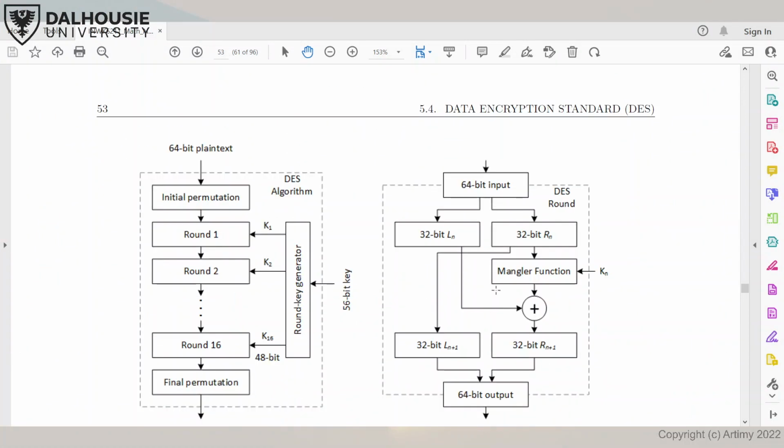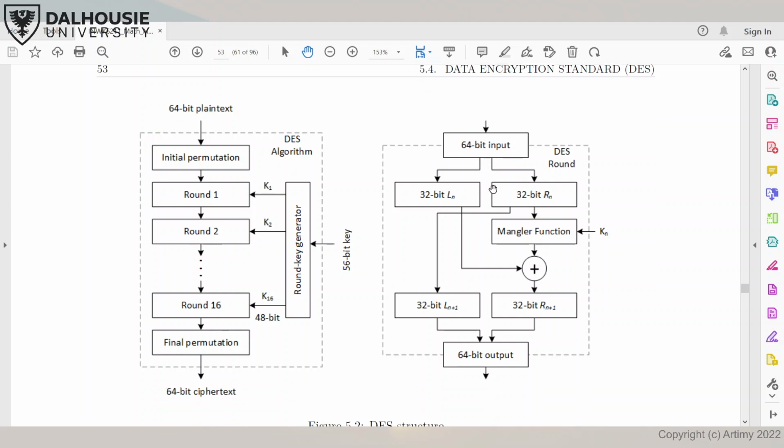So now we have 32-bit to the left, 32-bit to the right. The 32-bit from the right goes to something called the Mangler function, which takes one of these 40-bit keys as input as well. Then the output of the Mangler function is XORed with the 32-bit that comes from the left, and that will form the 32-bit that will go to the next round, right?